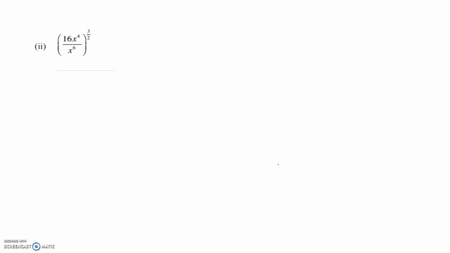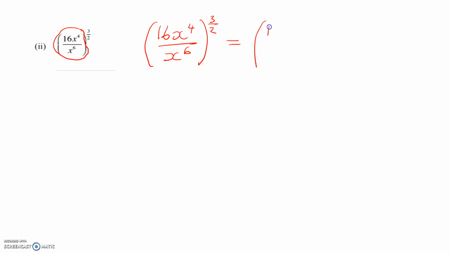Right, on to part 2. There are several ways you can go here. We've got everything in the brackets to the power of 3 over 2. So I am first going to clean up what's inside the brackets before I go any further. So that equals 16 over x squared to the power of 3 over 2.